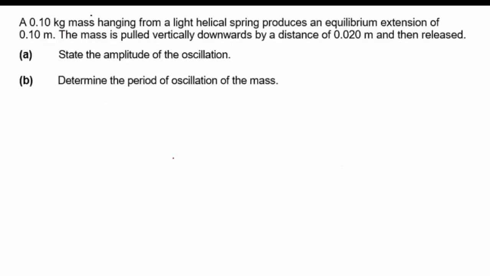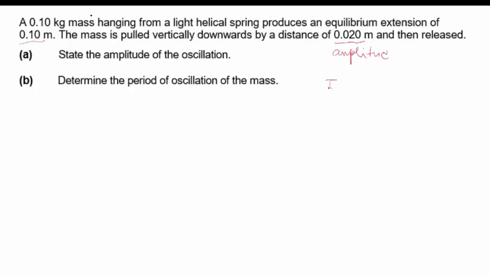Okay. Now the next example, we have a mass that is attached to a spring that moves with an extension of 0.1 meter, then is pulled down by another distance of 0.02. Because it's pulled down by 0.02, that is your amplitude. So the first value of 0.1 is not an amplitude.